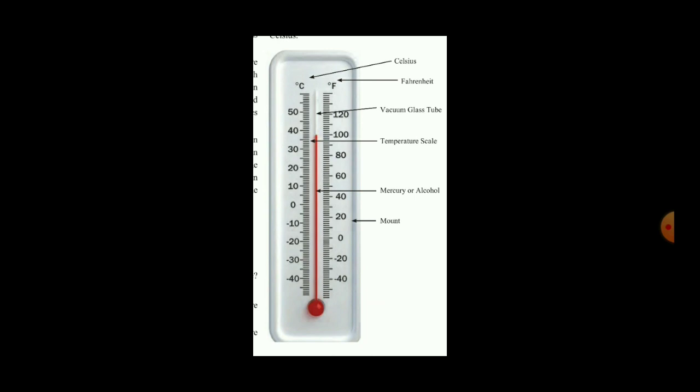What substance is used in the thermometer tube? In the thermometer tube, either mercury or alcohol is used. You can see that red liquid there; it can be either mercury or alcohol. What do the figures on the scale indicate? You can see the numbers and the small lines.